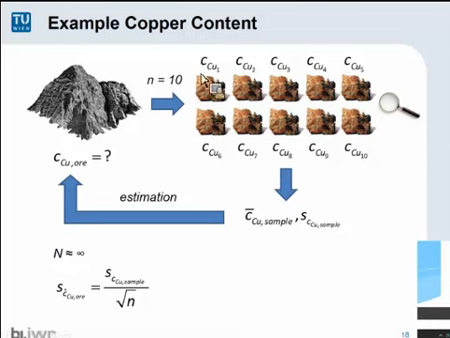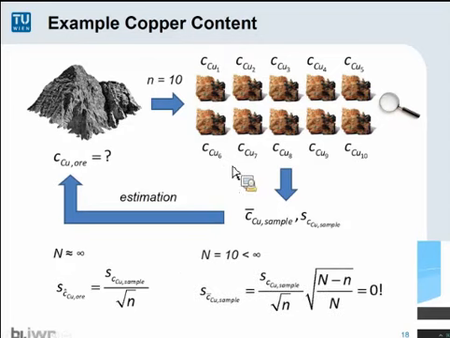So we are taking into account only this sample here. What should be clear is that because now this sample is our complete population, and we have analyzed the copper concentration in each of these individual elements, the uncertainty of this estimator here should be 0.